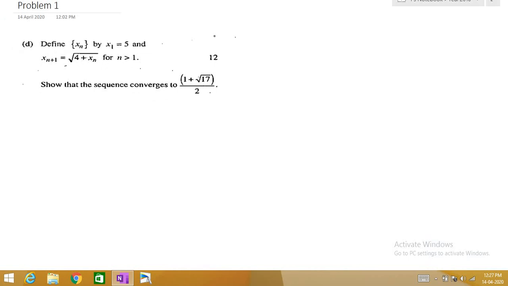So let us analyze the sequence. We know these two results, that is, theorems. A monotonically increasing sequence which is bounded above is convergent. First we want to show the sequence is convergent, then only will we be able to find the limit, right? So a monotonically increasing sequence which is bounded above is convergent.